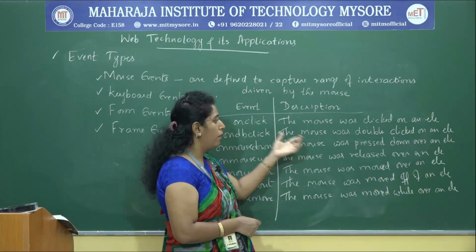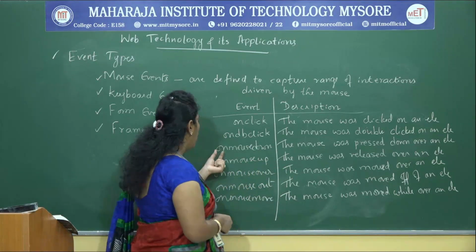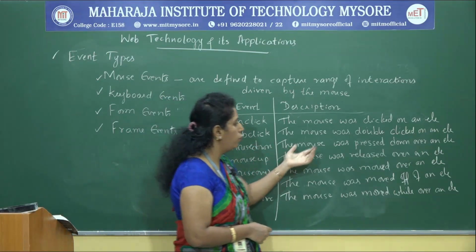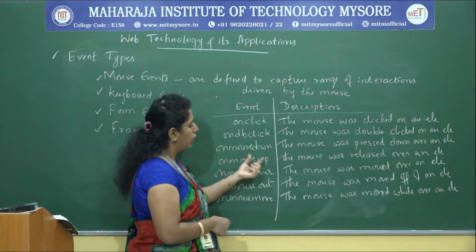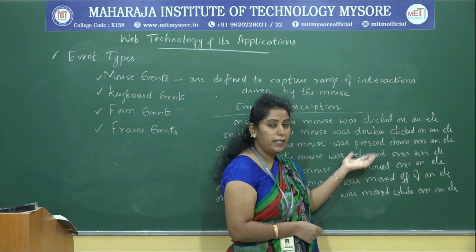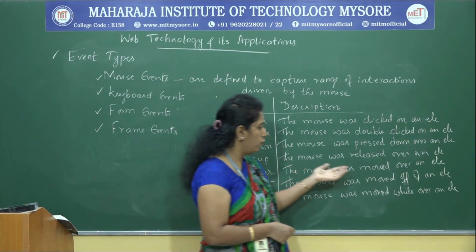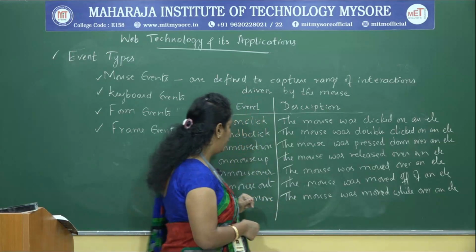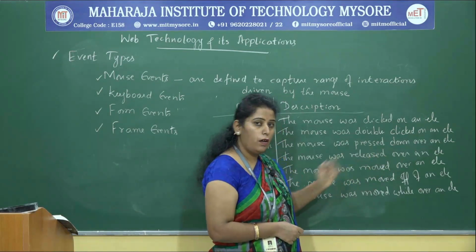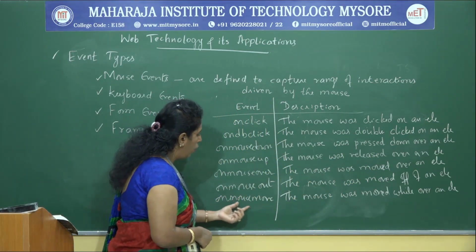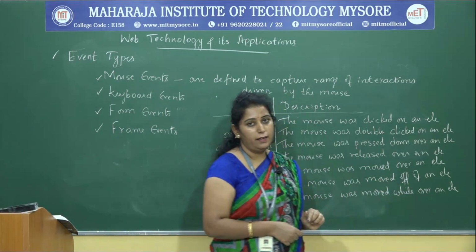ondblclick: the mouse was double clicked on an element. onmousedown: the mouse was pressed down over an element. onmouseup: the mouse was released over an element. onmouseover: the mouse was moved over an element. onmouseout: the mouse was moved off of an element. onmousemove: the mouse was moved while over an element.